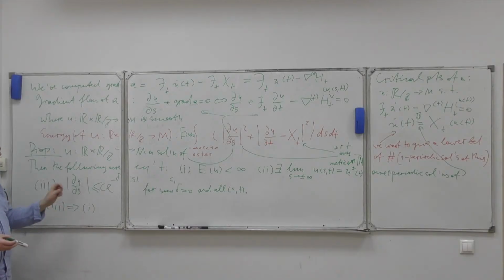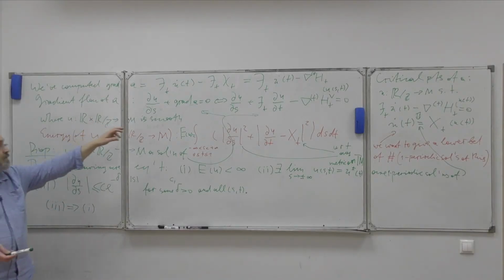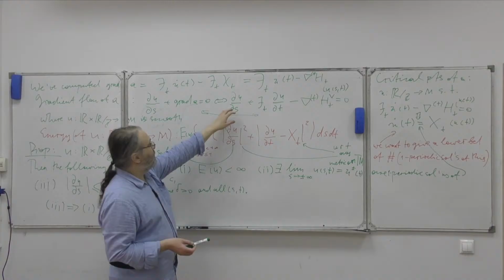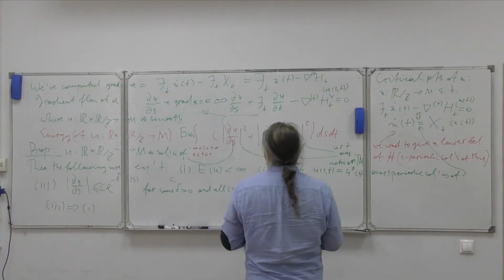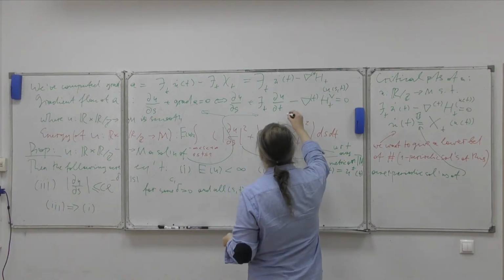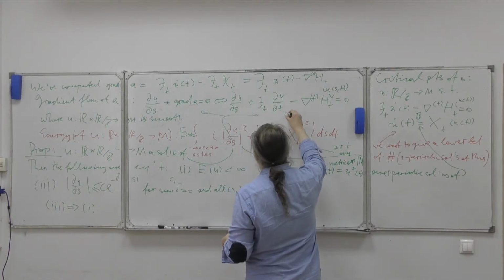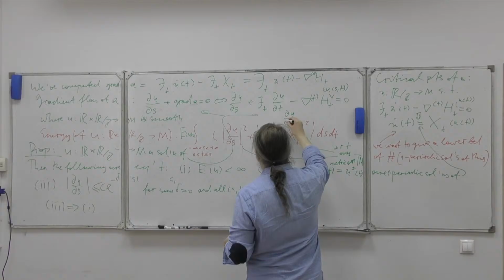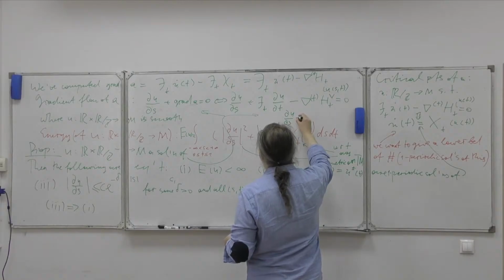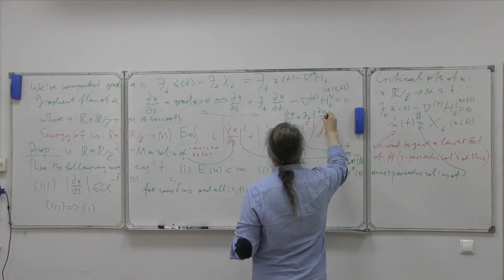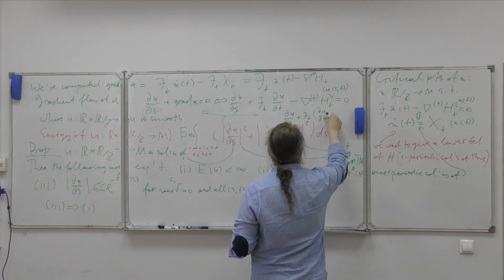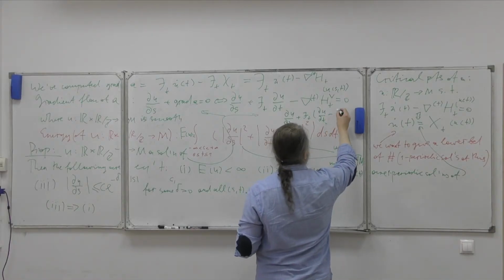Let's recall that u is not just any function, it's a solution of this equation, or equivalently of du by ds plus jt du by dt minus xt.